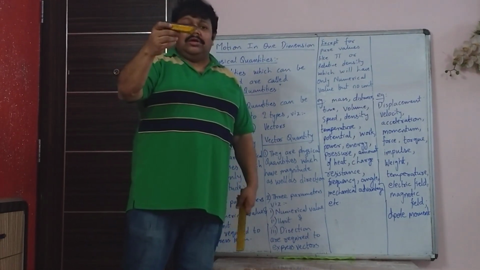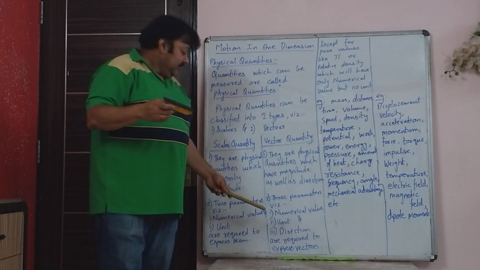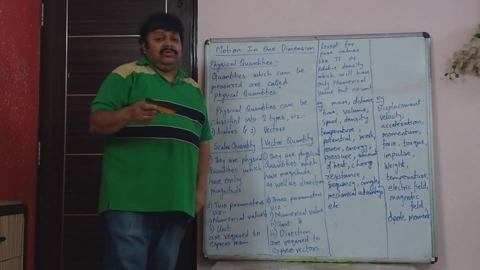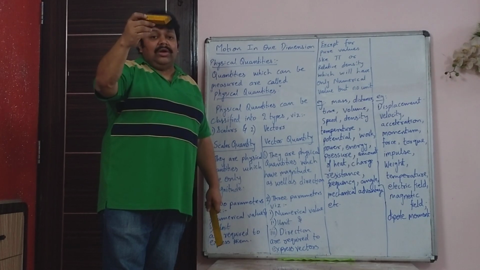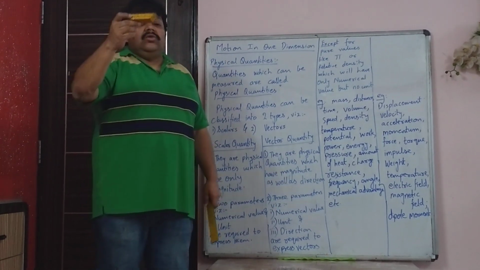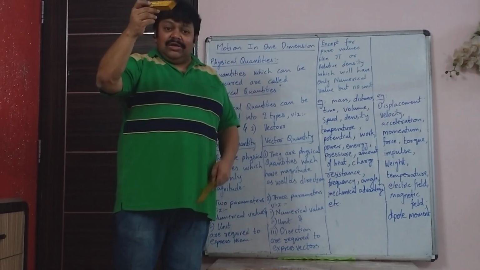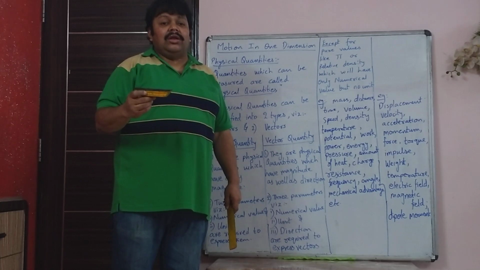Because the weight is acting down. So that is why the third quantity, that is direction, has to be added when you tell the physical quantity weight. If I leave the duster, it comes down because the weight is acting in the downward direction.